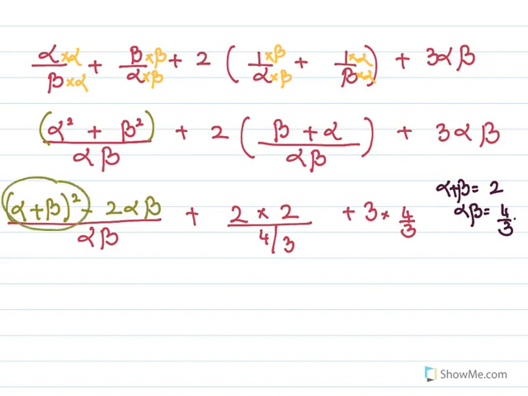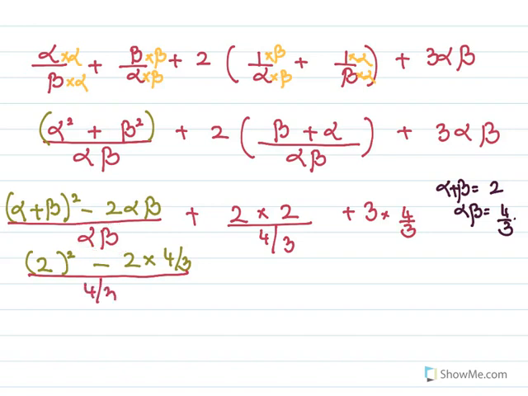Now we're putting the values of alpha plus beta the whole square here. So alpha plus beta we said is 2, so this is 2 square minus 2 into alpha beta, 4 by 3, over alpha beta here, and that is 4 by 3, plus this is 4 over 4 by 3, plus 4. This cancels out.